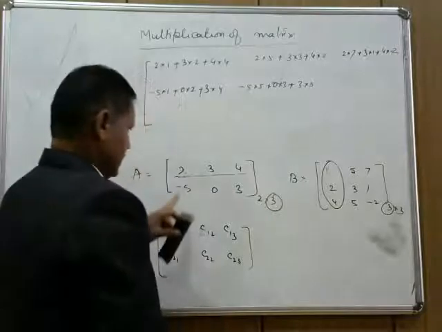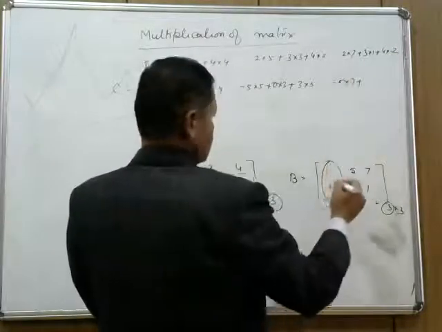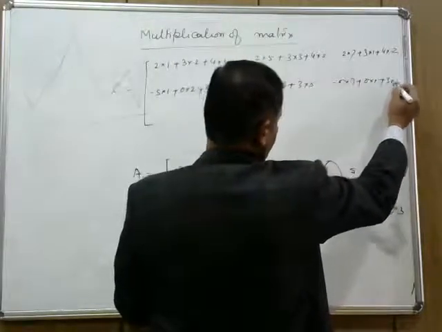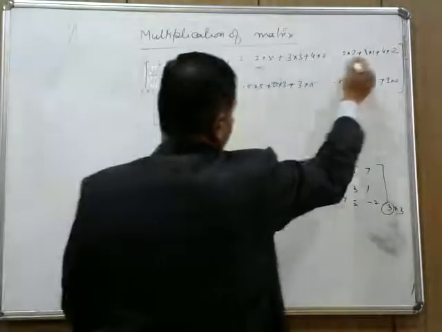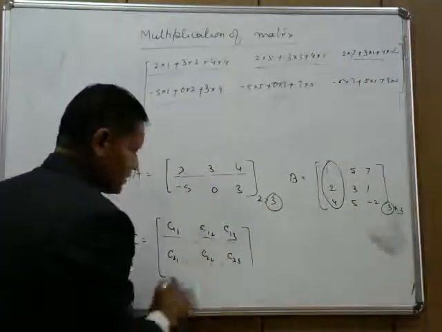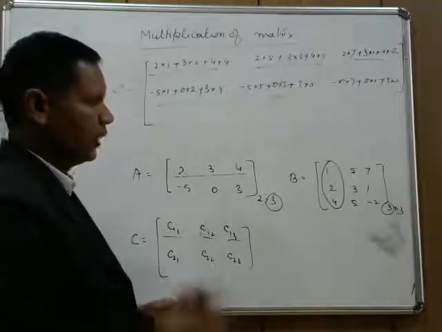Now here again, minus 5 multiplied by 7 plus 0 multiplied by 1 plus 3 multiplied by minus 2. Please add it and write that answer. This will be here C11, C12, C13, C21, C22, C23. I think now you have got it.